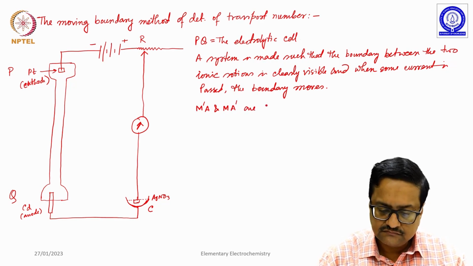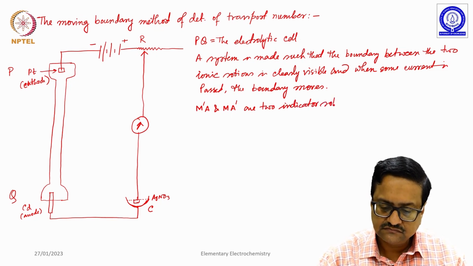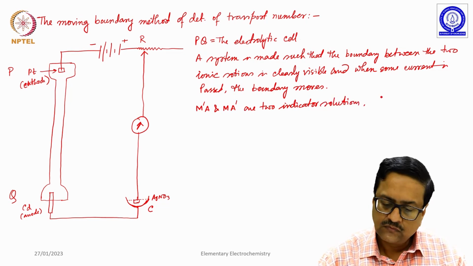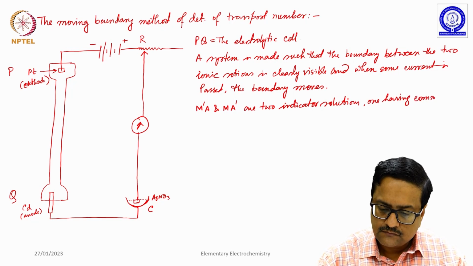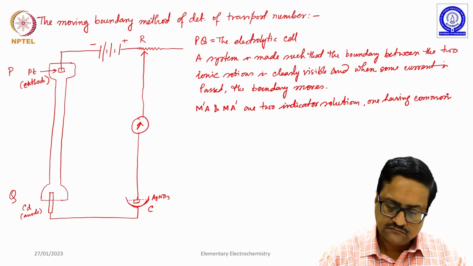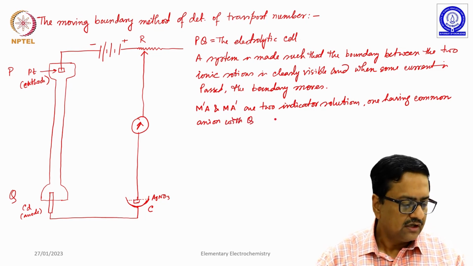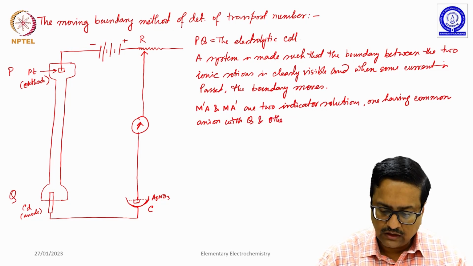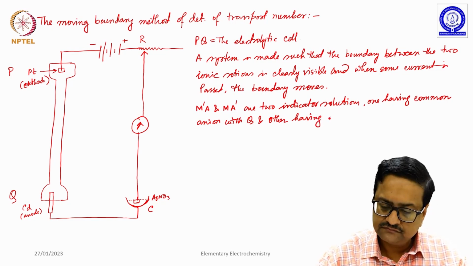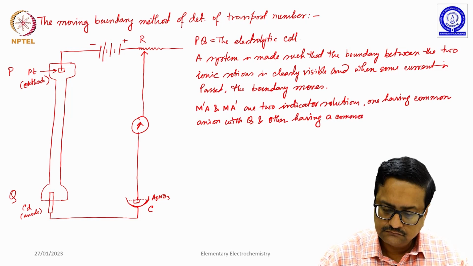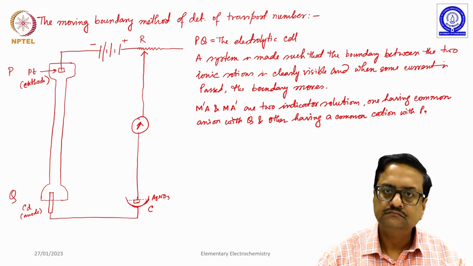These are two indicator solutions, one having a common anion with Q and the other having a common cation with P, right?